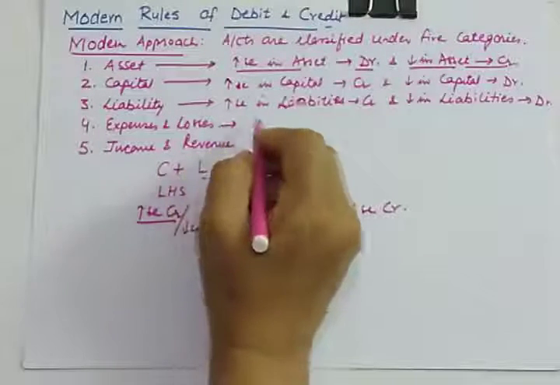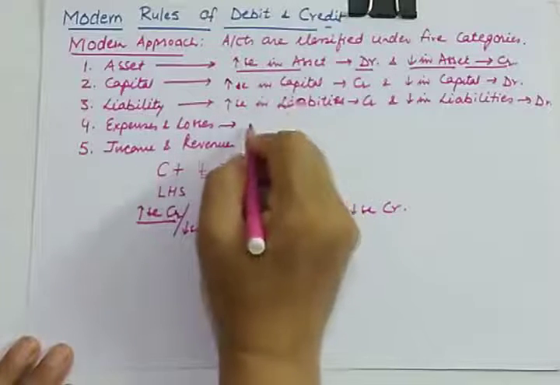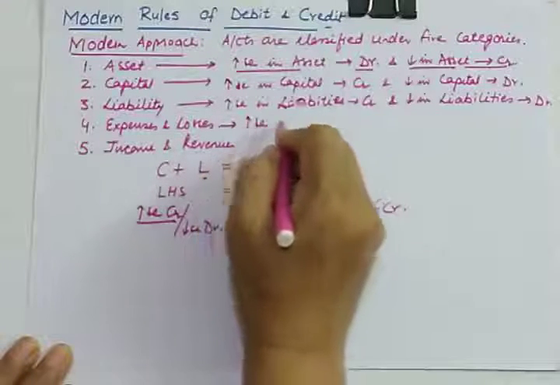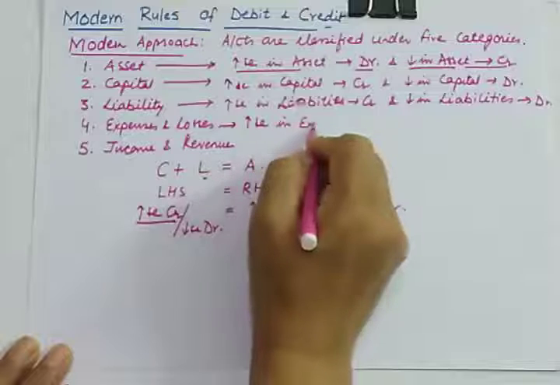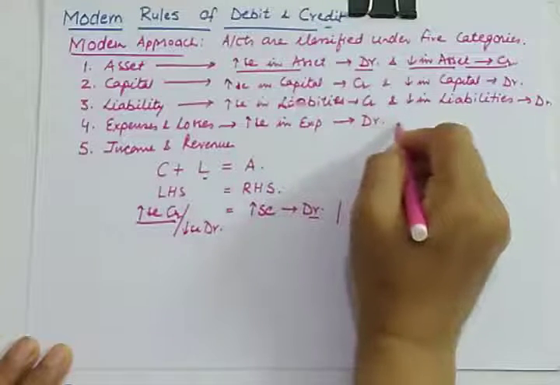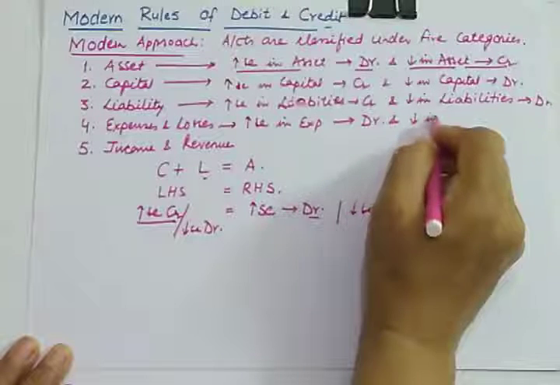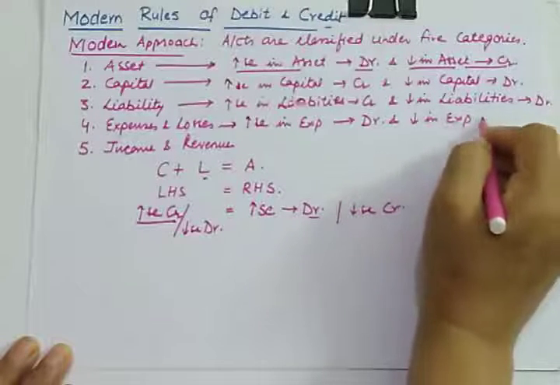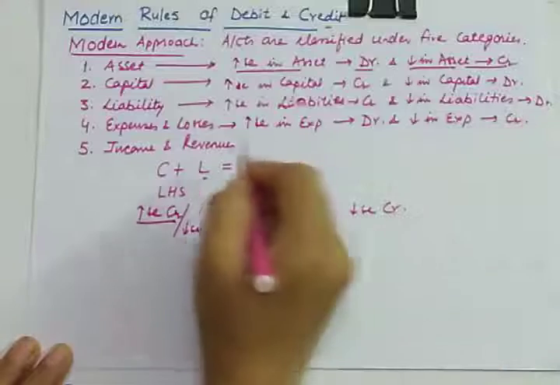So the rule for this will be opposite of capital. It means an increase in expenses or losses will be debited and a decrease in expenses will be credited.